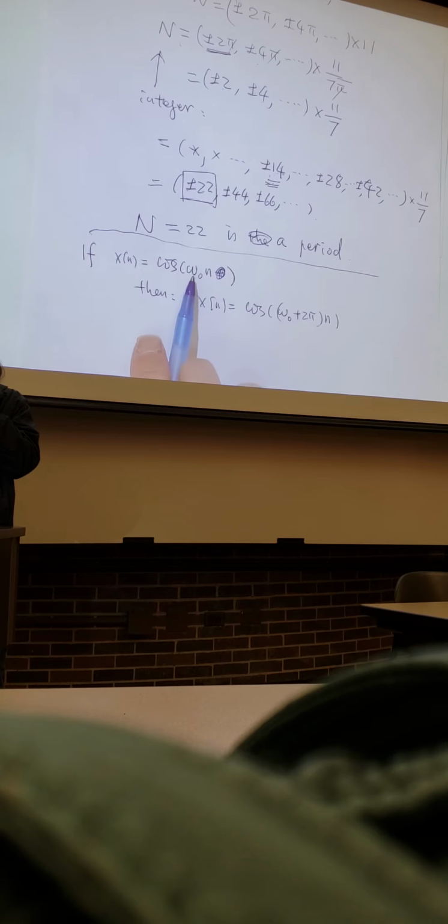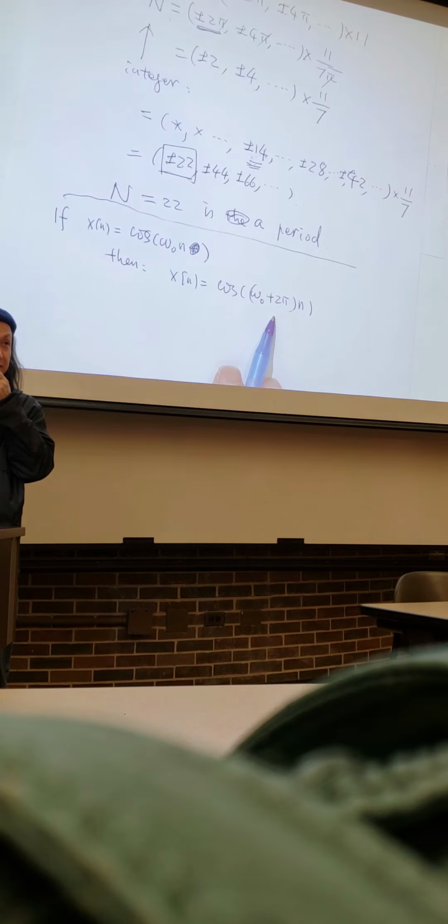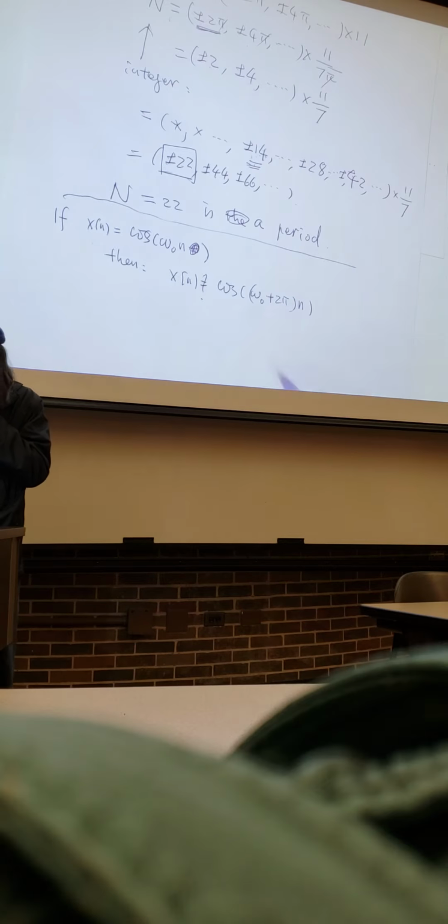If x of n uses omega naught as the frequency, cosine of omega naught n, then I add 2 pi on the frequency. It looks different, right? But actually they are the same.